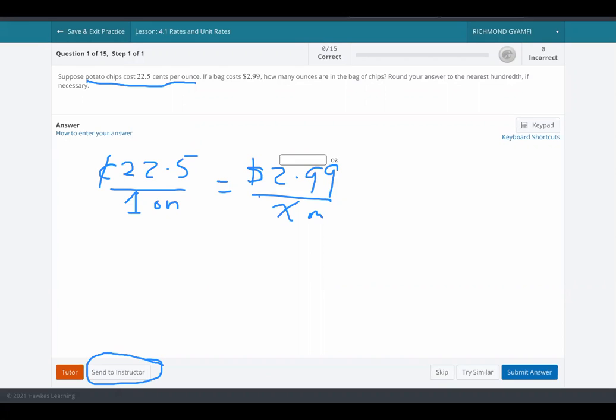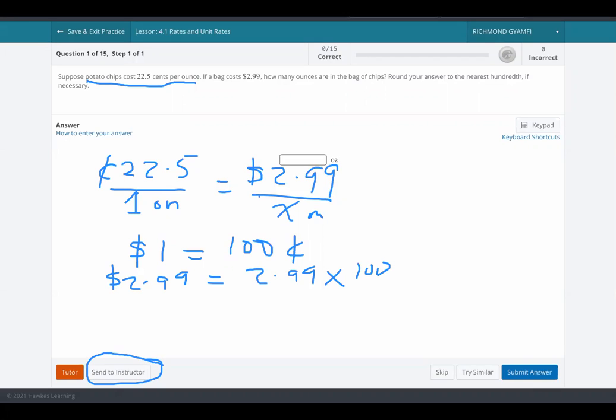So if $1 equals 100 cents, then $2.99 is going to give me $2.99 times 100.